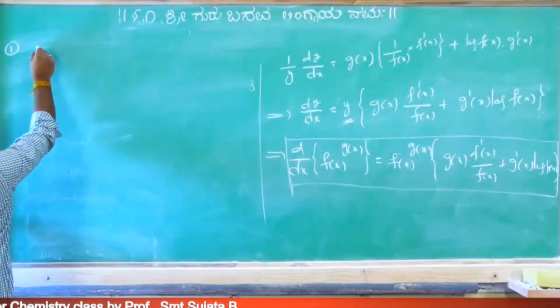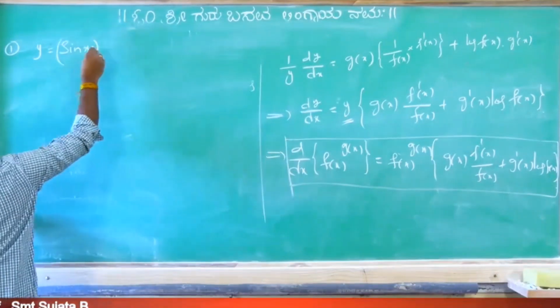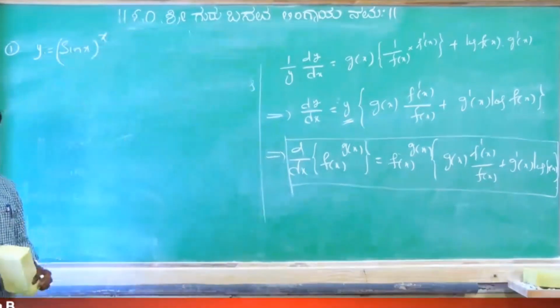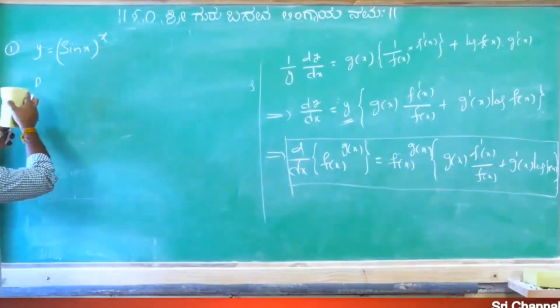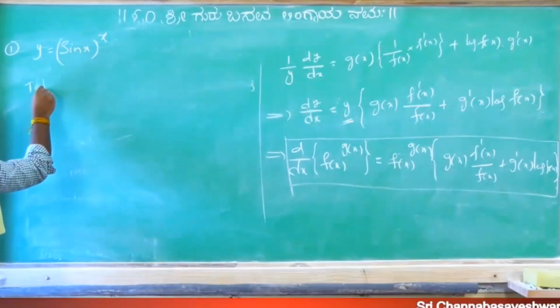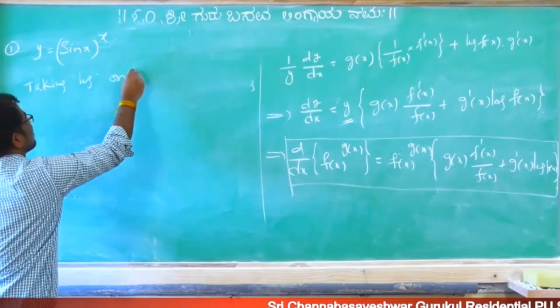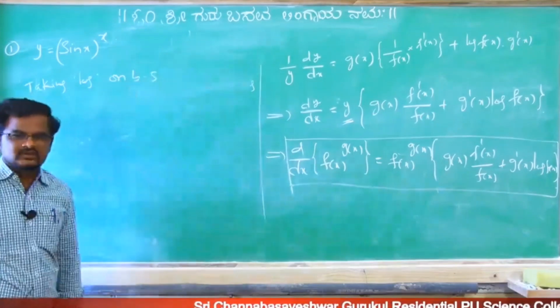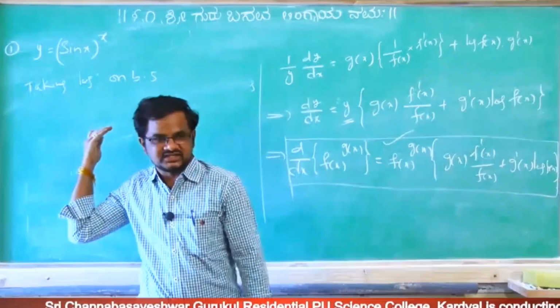Suppose they given like this, y equal to sin x whole power x. Okay. Now for this one, first what we have to do? Taking log on both the sides. For entrance purpose, if you remember this one, directly you can apply that condition.